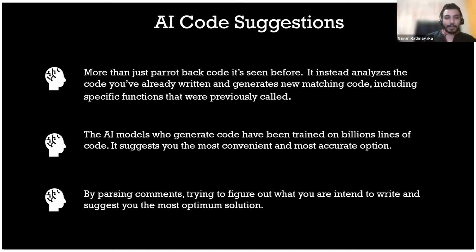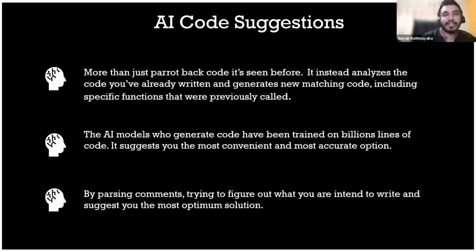By parsing comments, the AI model can try to figure out what you are going to write. Before you write a function, most of the time you type a comment about what that function does. Assume you want to write a function to add two numbers, so you type a comment, "add two numbers."